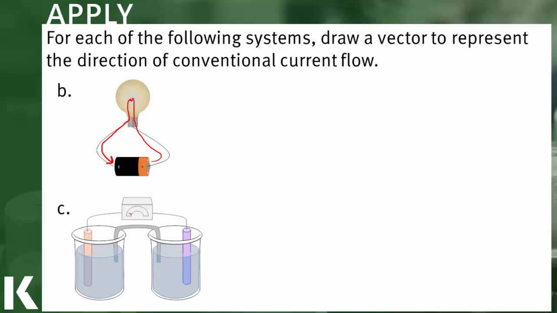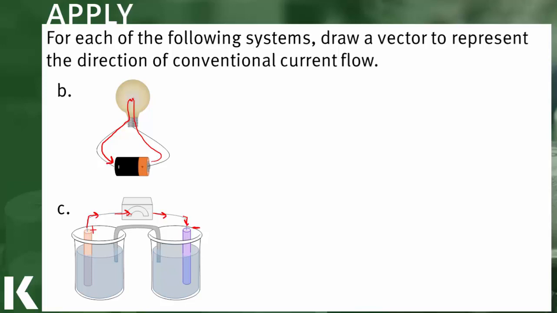And for C, we have an electrochemical cell. In order to actually draw this, we would have to know what was in each side of the cell. So let's say that this was the positive terminal and this was the negative terminal. So again, we're looking at the direction of positive charge flow. So our current vectors would look like this at each point.